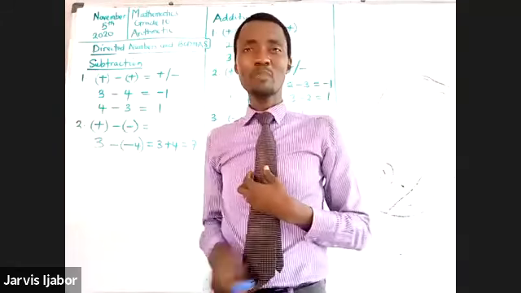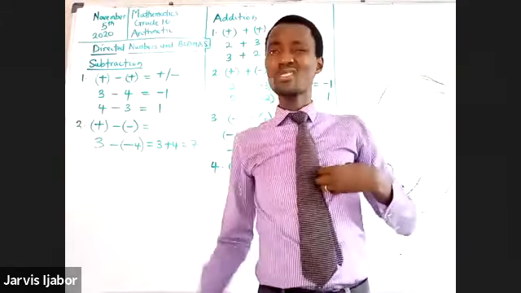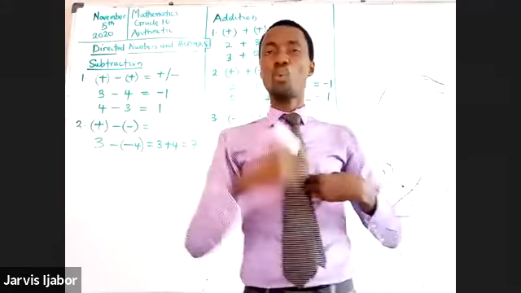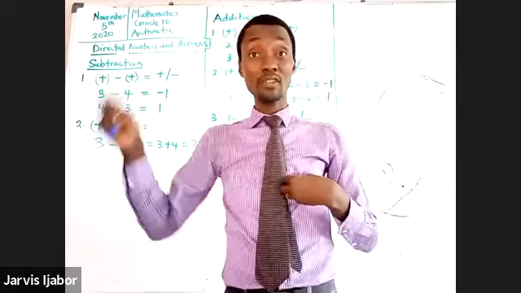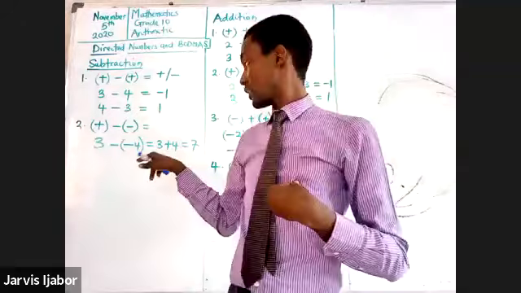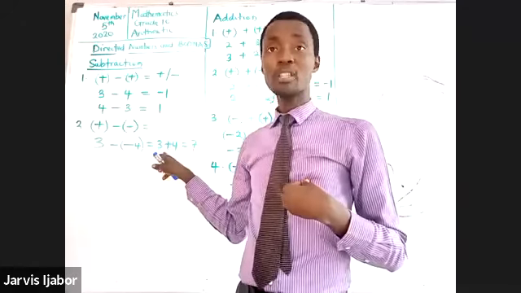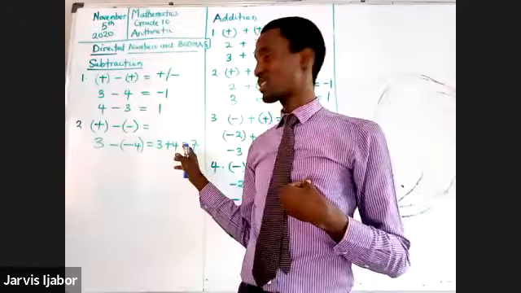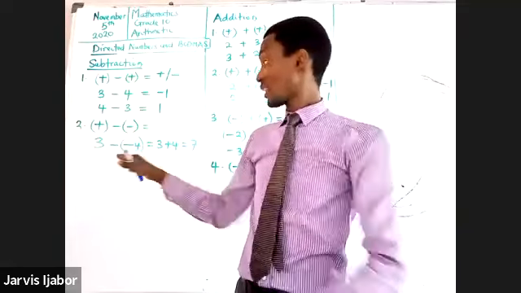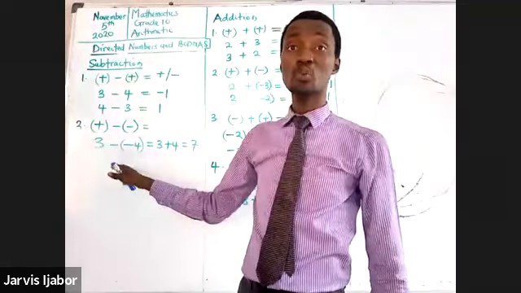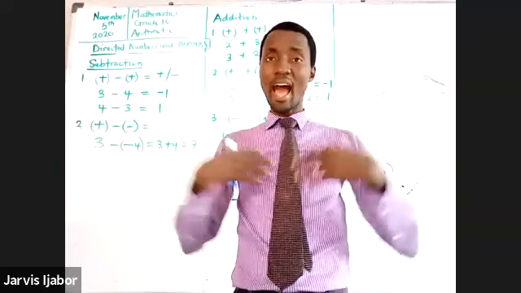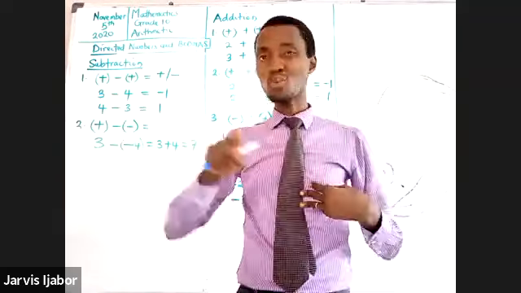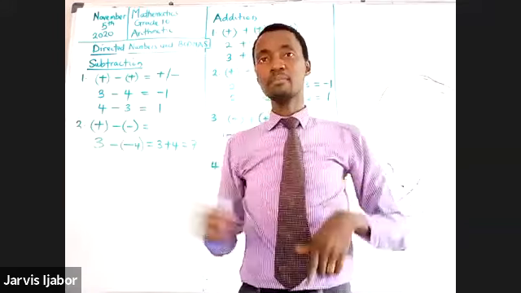But here, it means I have 3, and somebody is giving back to me what originally had been given to me. What will the answer be? 3 plus 4 means you are adding. And that will be what? 7. And I want you to take note of this. That's the reason why when you have negative, it becomes what? Positive. I have, and somebody is giving back to me what he owed me.